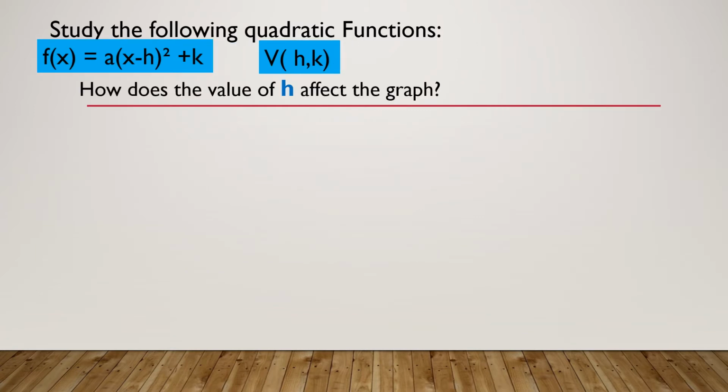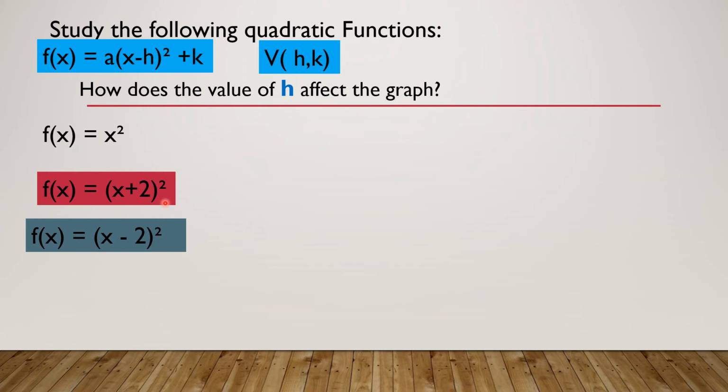Now, how does the value of h affect the graph? So ngayon, ang titingnan naman natin ay h. Ang h ngayon natin ay nandito, minus h. Pag minus dito, h, ibig sabihin ang h natin dito ay positive. So kaya dito, ang h is the x-coordinate of the vertex. Now, meron tayong f of x is equal to the quantity x plus 2 squared, and then f of x is equal to the quantity x minus 2 squared.